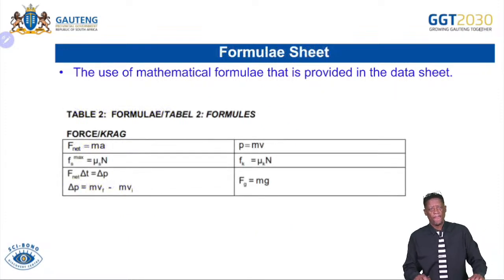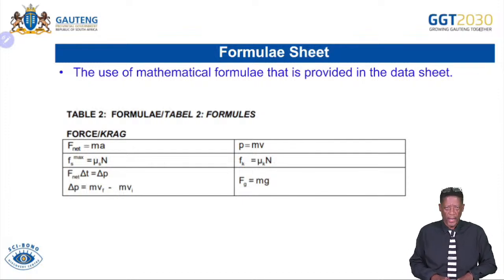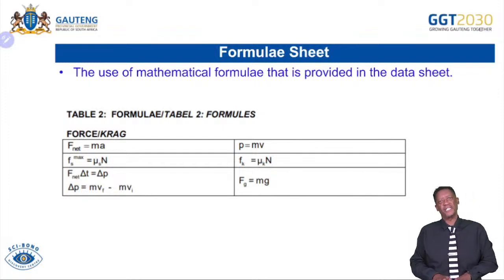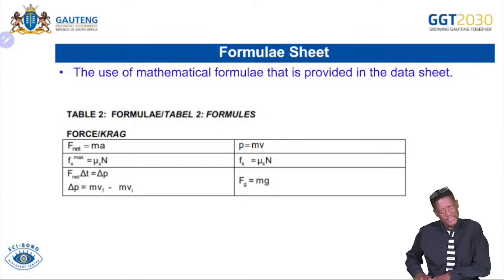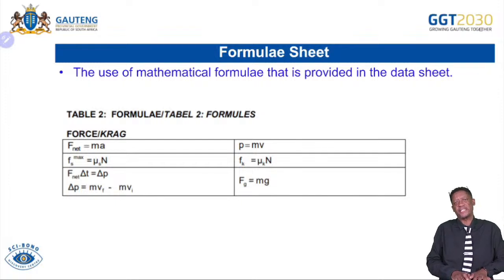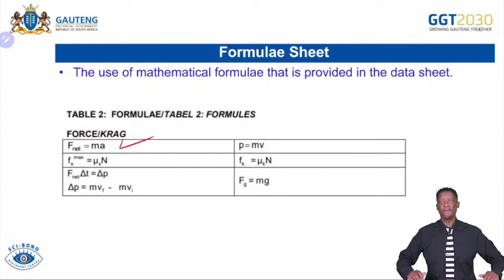Formula sheets. Many a time we are saying this is where we are going to get a lot of information. Your information and your definitions lie on the data sheets. If you want to know what Newton's second law is all about, go to your data sheet and look at this one formula.